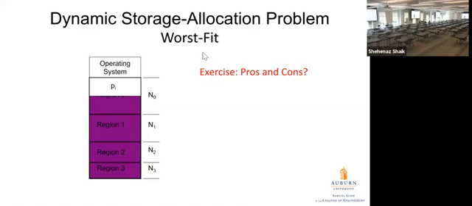Otherwise, this approach is similar to the best fit approach, where we really need to go over the entire list of partitions, or the holes, to see which of them is free, as well as which of them results in what size hole.